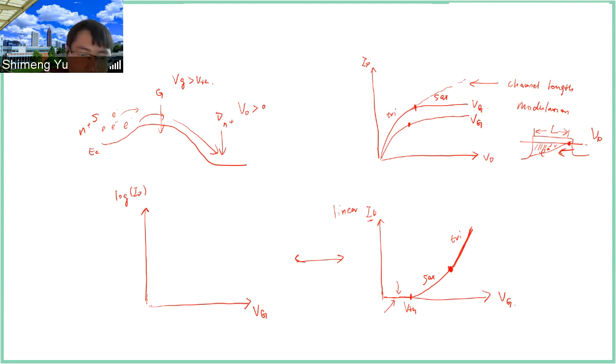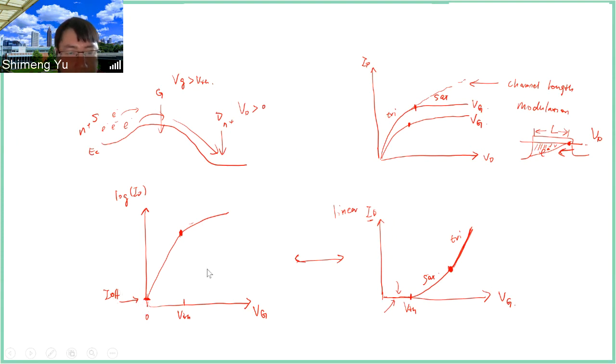So if you draw this in the log scale, you will have something like this. And this is like your threshold voltage here. The off current is here. This is when the gate voltage equals to 0, but the current here is not 0. It's an exponential small number, but it's not 0.